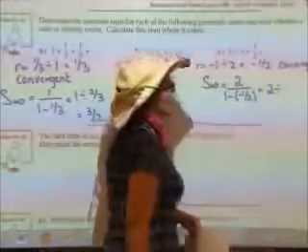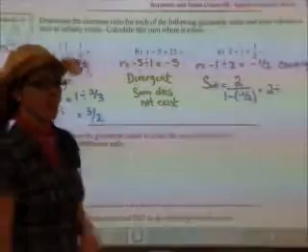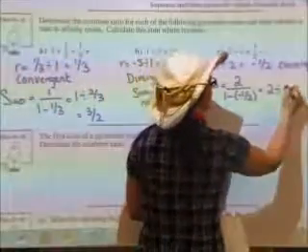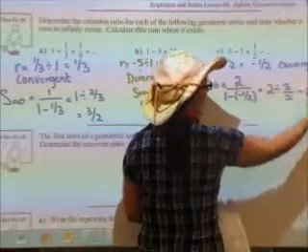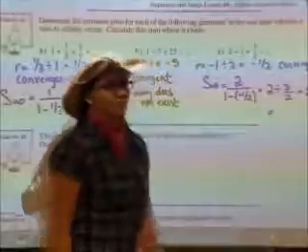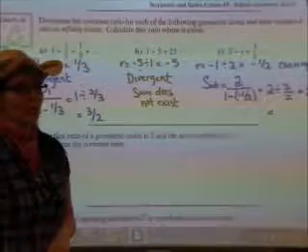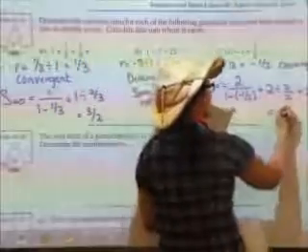What is 1 minus -1/2? 1.5 or 3/2. So again, to multiply or to divide fractions, multiply by the reciprocal. If I have 2 times 2/3, or 2 groups of 2/3, I have 4/3.